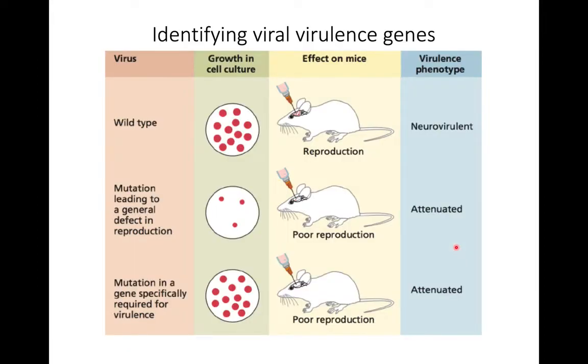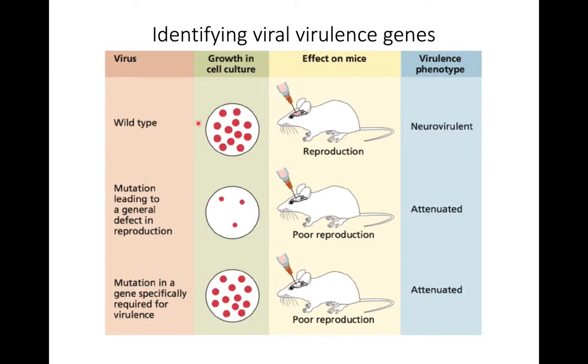But more often, we focus on viral factors or viral virulence genes, just like when we talked about bacteria, we talked about bacterial virulence factors. So if we were working in a lab trying to identify viral genes that are important for virulence, for the causation of disease, the easiest way to go about this is to make some mutant viruses.